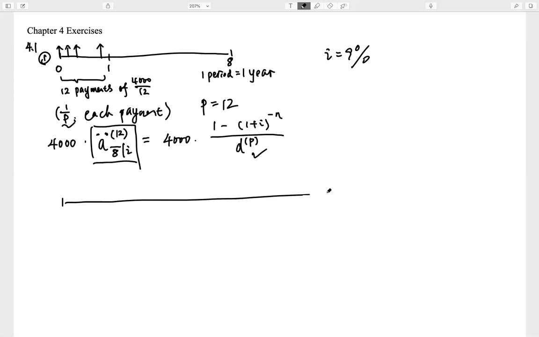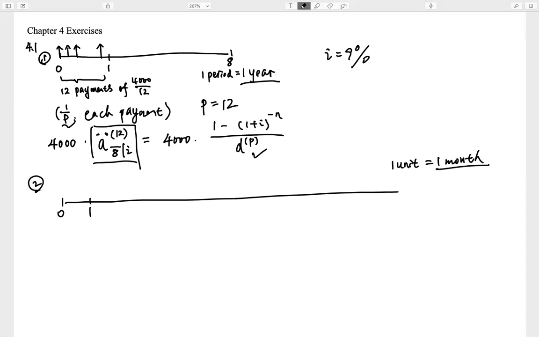So what I would like to do to solve this question is I always convert the unit period to the one that coincides with the question. In this case, the payments are made monthly. So in the next graph, 1 unit equals 1 month. Previously it was 1 year.